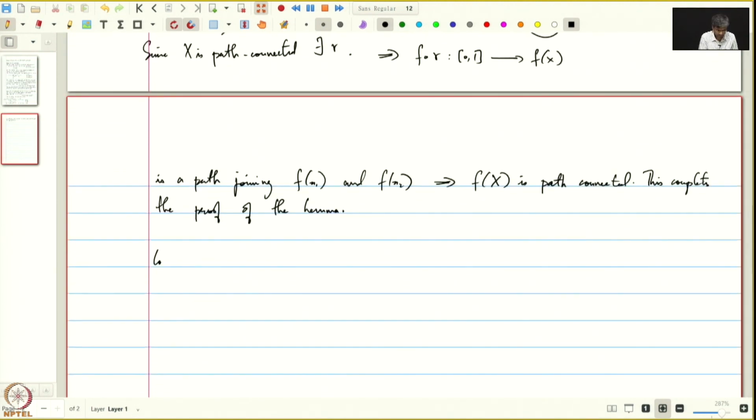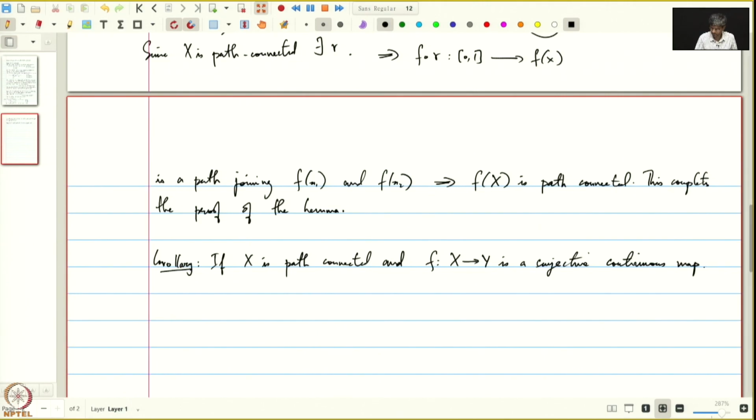So as a corollary of this, we have: if X is path connected and f from X to Y is a surjective continuous map, then Y is path connected.